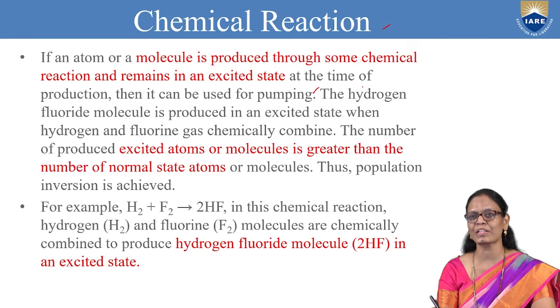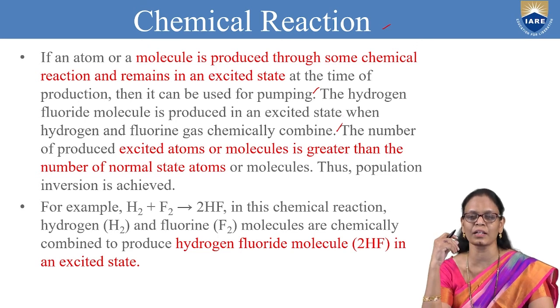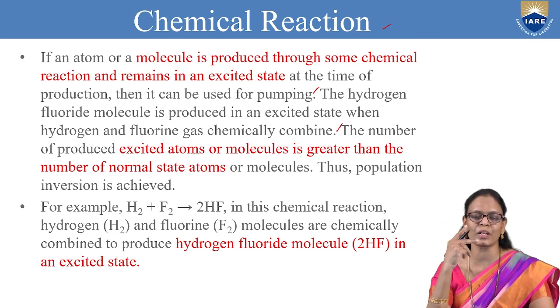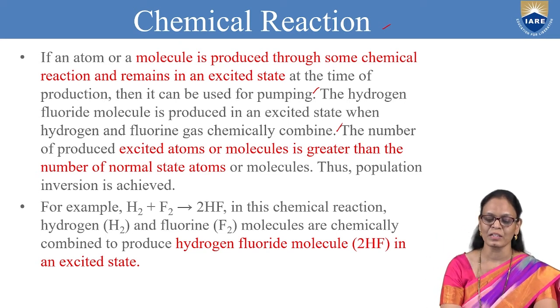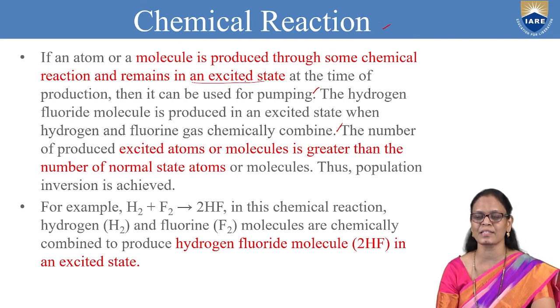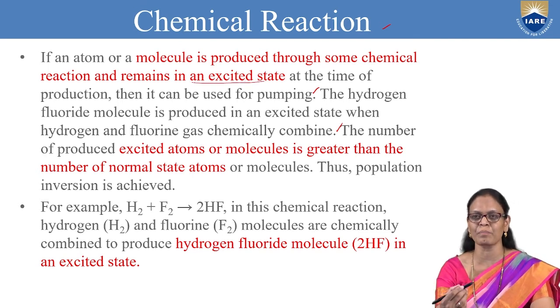For example, the hydrogen fluoride molecule is produced in an excited state when hydrogen and fluorine gas chemically combine. There is a chemical reaction occurring here. When hydrogen and fluorine combine chemically, because of this chemical reaction, they remain in the excited state. Remaining in the excited state means the pumping has already occurred.